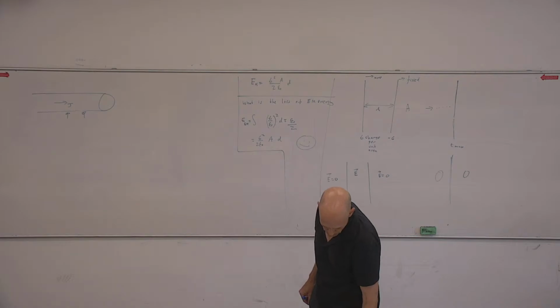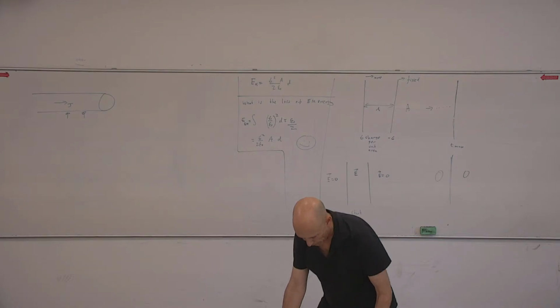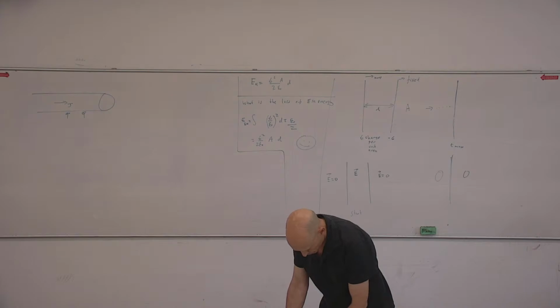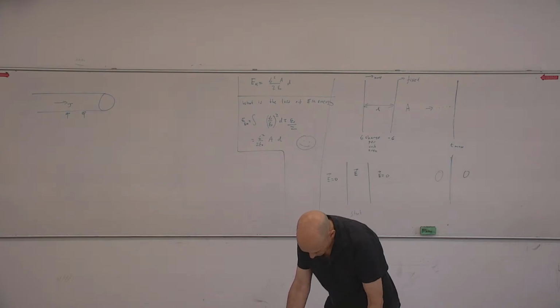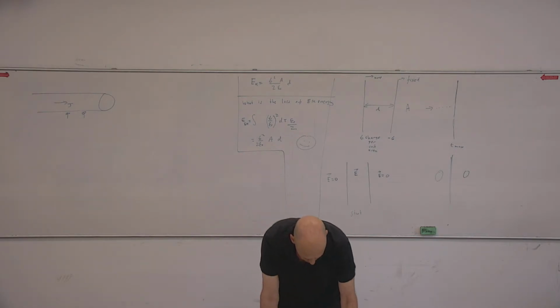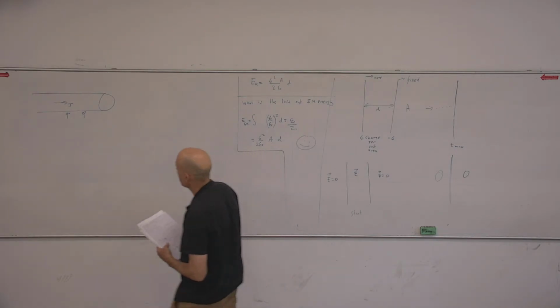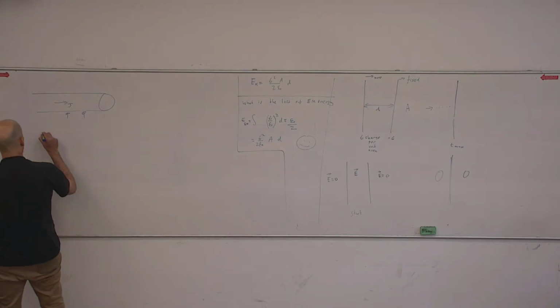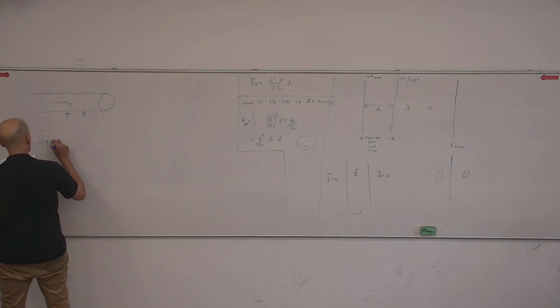So what is this flux of energy? Okay, so first of all, what is S, the Poynting vector? I'll write it just, this is going to be outside the wire.